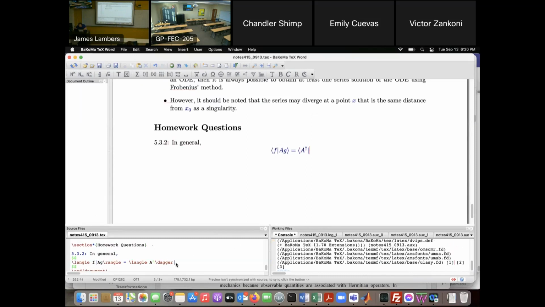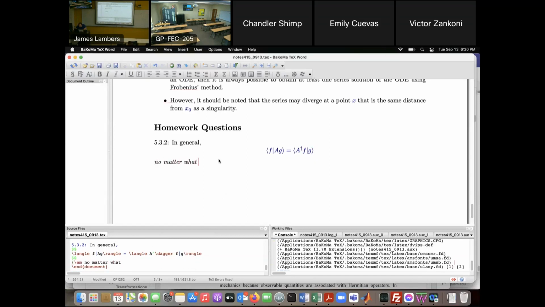Oh, I forgot the F. Because either F or G might be some more complicated expression, it must be undisturbed when you're doing this.